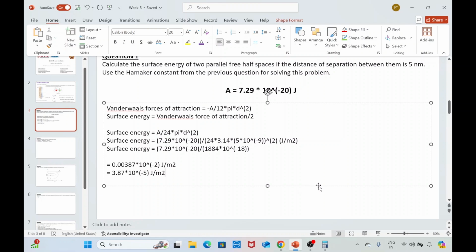So whether all of you have got the surface energy value as 3.87 into 10 to the power minus 5 joules per meter square, or is there any anomaly in the results? Again, if you want, you can also type your answers in the chat box.